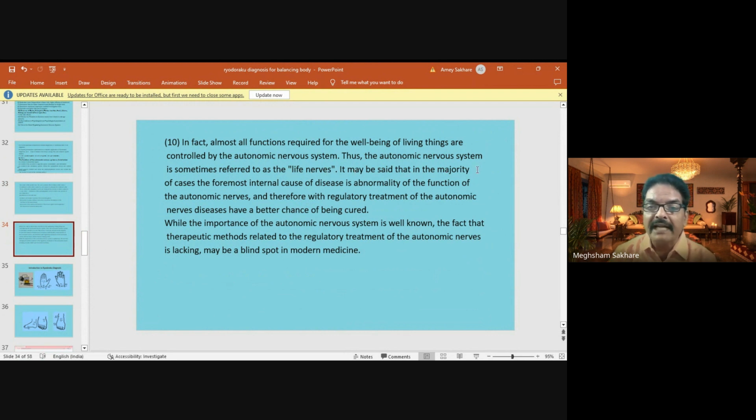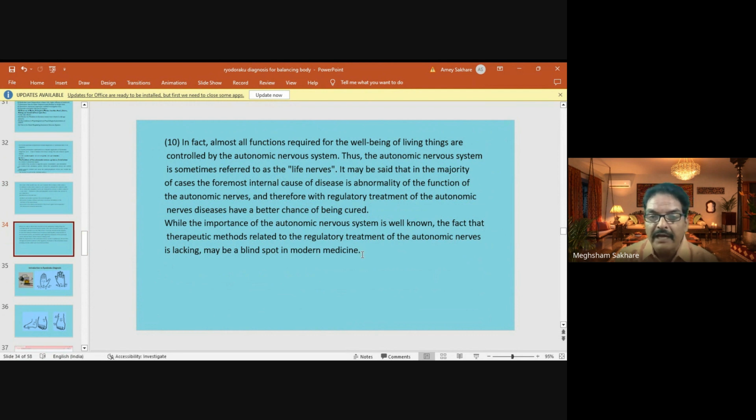It may be said that the foremost internal cause of disease is abnormality of the function of the autonomic nervous system. Therefore, with regulating treatment of the autonomic nerves, diseases have a better chance of being cured. While the importance of the autonomic nervous system is well known, a therapeutic method related to regulatory treatment of the autonomic nerves is lacking, which may be a blind spot in modern medicine.